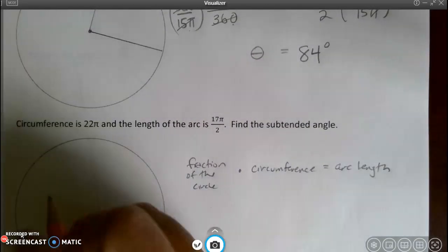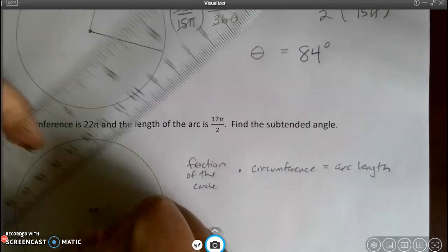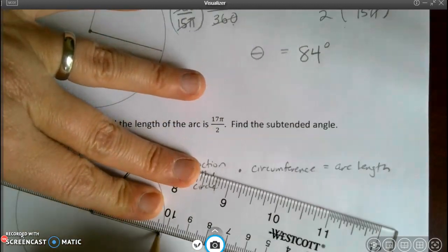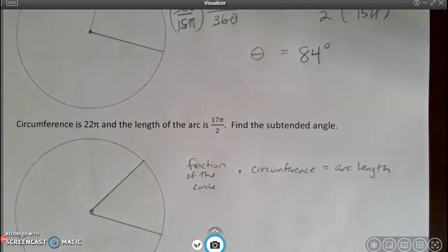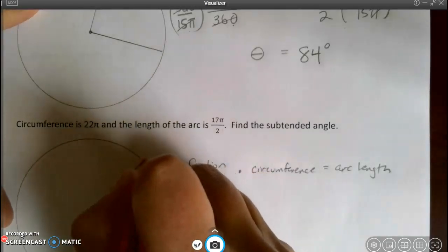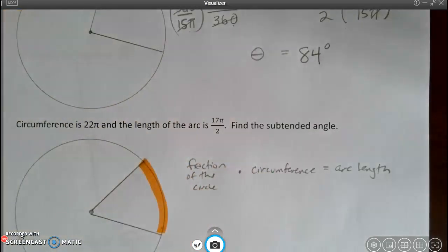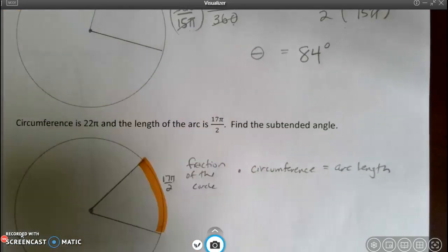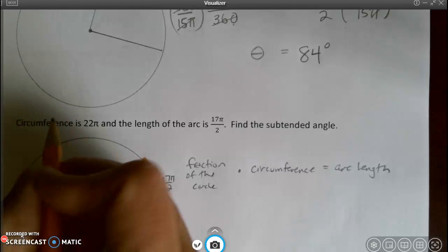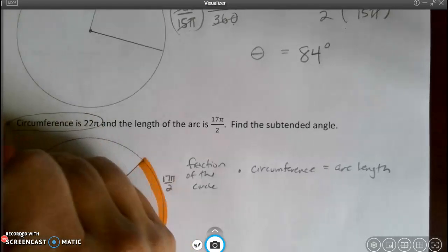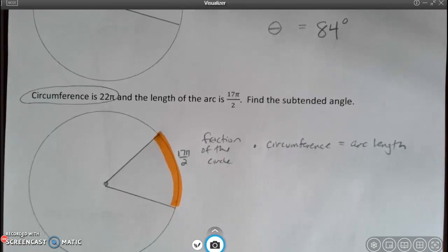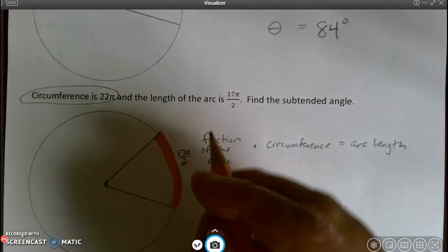And I'm going to draw a picture. I've got the length of my arc right here. I'm going to highlight this one. This right here is 17 pi over 2. And the entire circumference is 22 pi. This is probably not a real accurate picture, but that's okay.